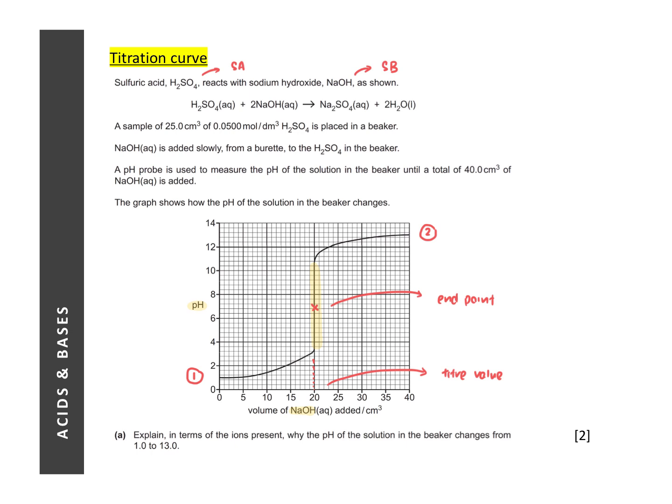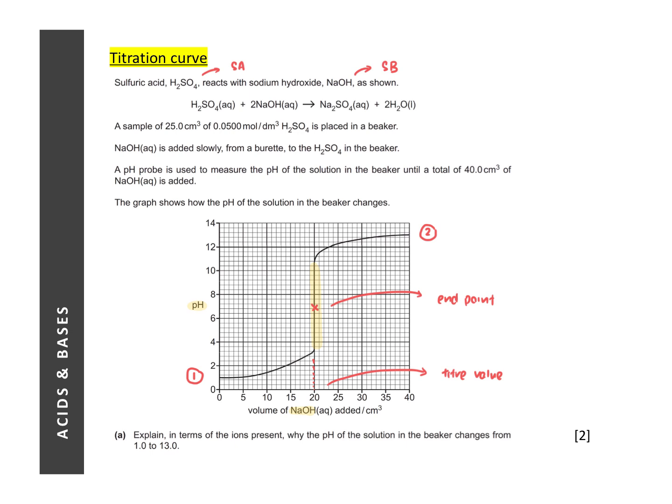So given the titer value, given the concentration of your sodium hydroxide, we can actually calculate the concentration of the acid in the titration. So over here, the question requires you to explain in terms of the ions present why the pH in the beaker changes from 1 to 13.